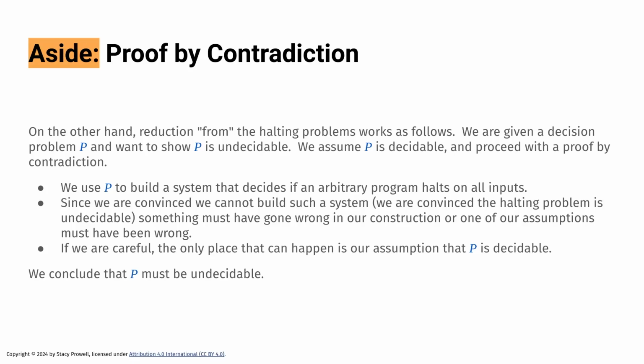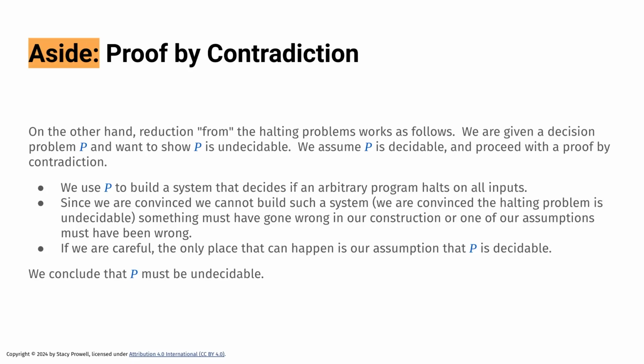The way you should think about it is maybe reducing from the halting problem. So we're given a decision problem P, and we want to try to show that P is perhaps undecidable. And so we reason as a proof by contradiction typically. We assume P is decidable, and then we proceed with the proof by contradiction.